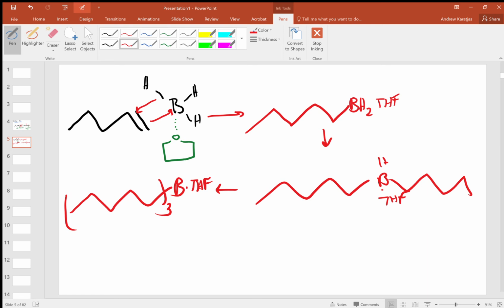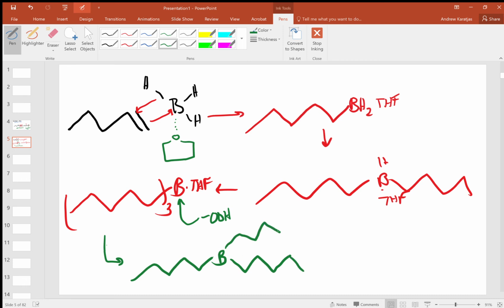This is the point in the mechanism where we would add the hydrogen peroxide and the base. And so when we add the hydrogen peroxide, it gets deprotonated and it attacks boron. And so we get an intermediate that looks like this.